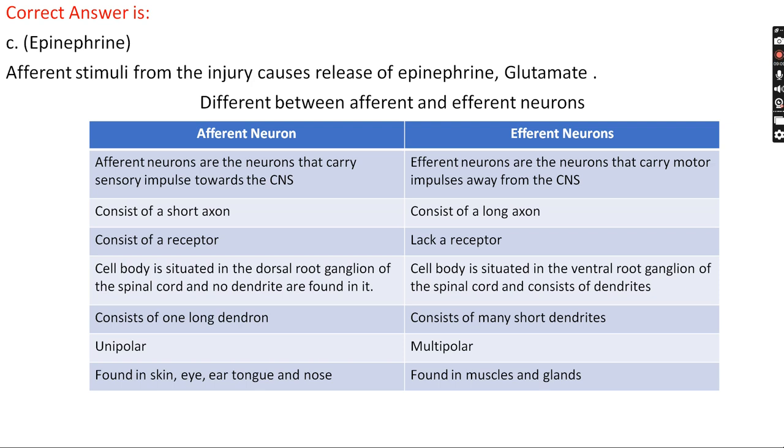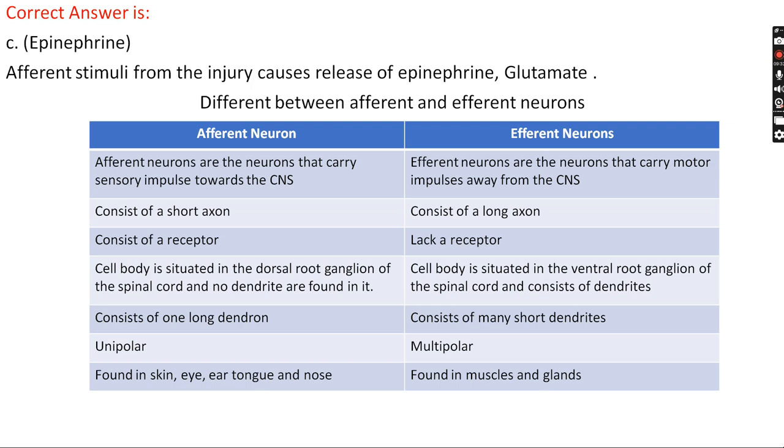The afferent neuron's cell body is situated in the dorsal root ganglion of the spinal cord and no dendrites are found in it, while the efferent neuron's cell body is situated in the ventral root of the spinal cord and it has a lot of dendrites, okay. And the afferent neuron has only one long dendron, while the efferent neuron has many short dendrites, okay.